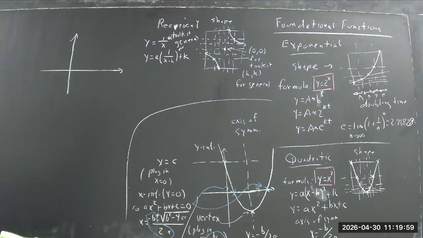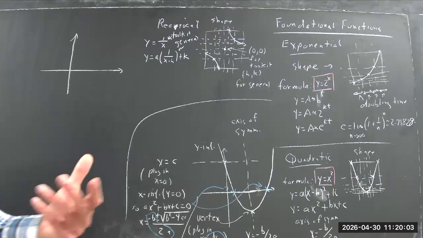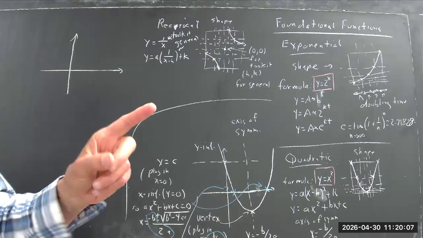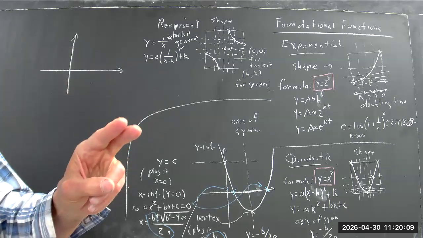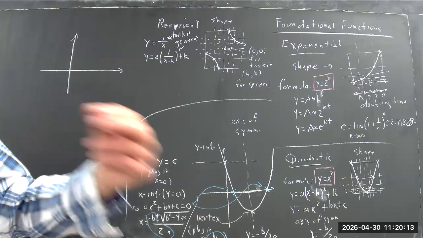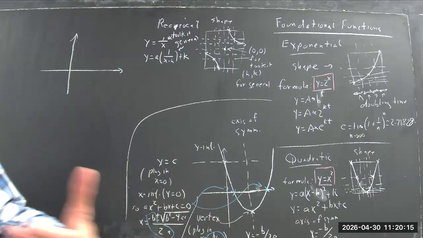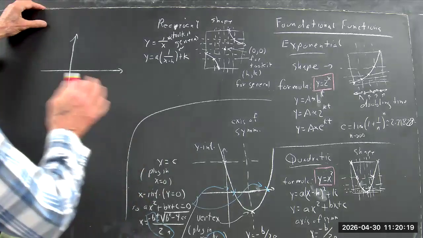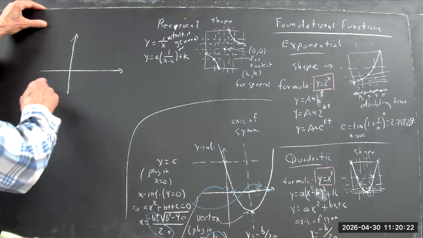It would fail the vertical line test, which I'm mentioning, but I'm not going to write down. You should know the vertical line test. You should know the definition of a function. One value of y for every value of x. Okay. Then you can have more than one value of x for a given value of y, but just one y for a given x. I'll say it, but I don't want to take time to do it.